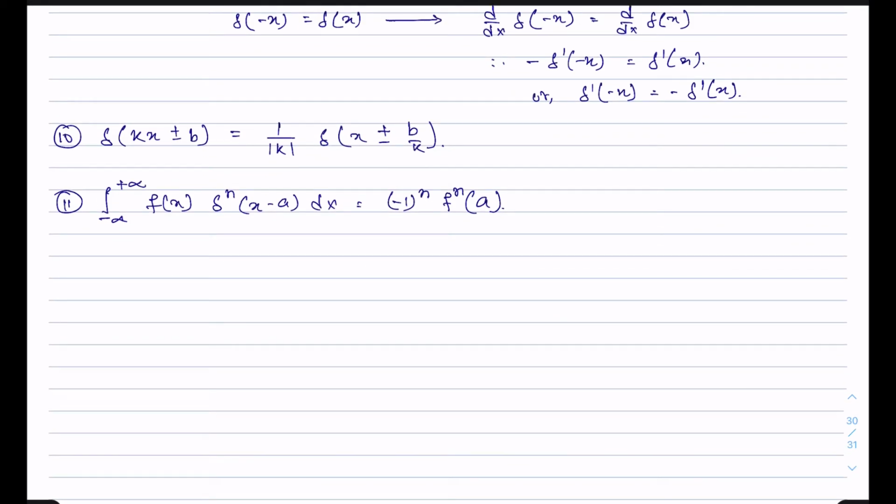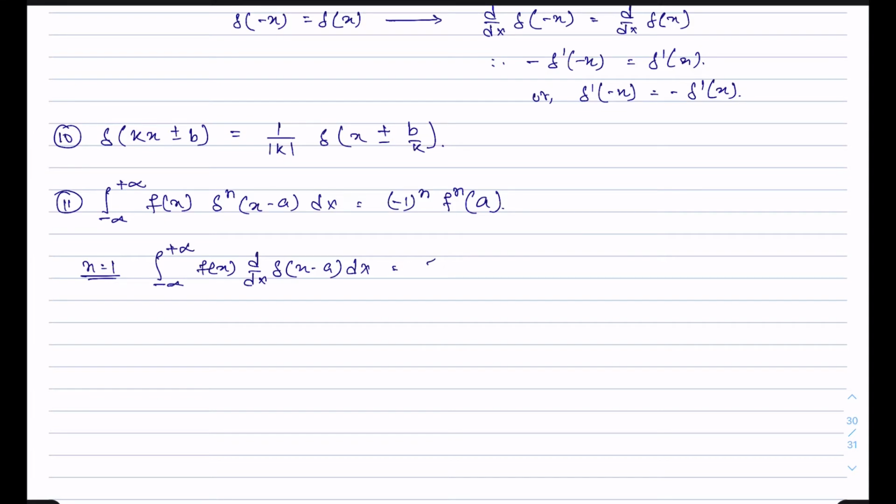So to prove it, let's consider, say, n equals 1, that is, the first order derivative. So integration from minus infinity to plus infinity of f of x times the first order derivative d/dx of delta of x minus a dx is equal to, now we are going to integrate it by parts.